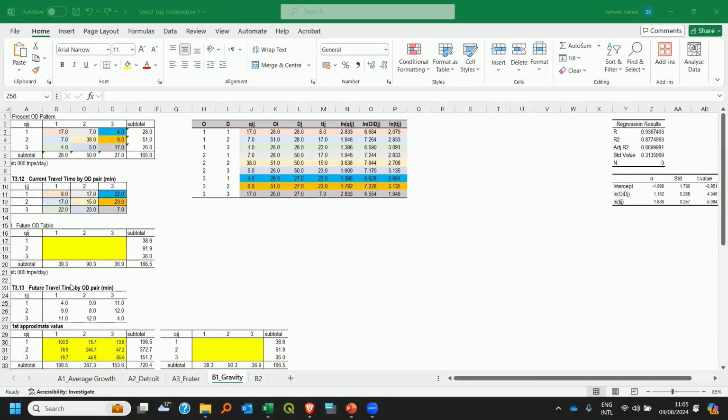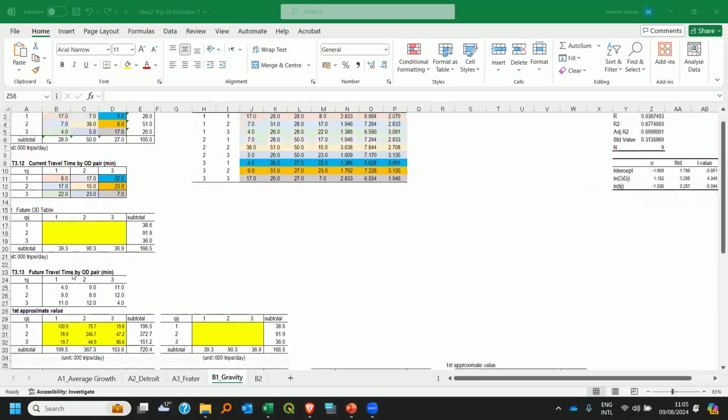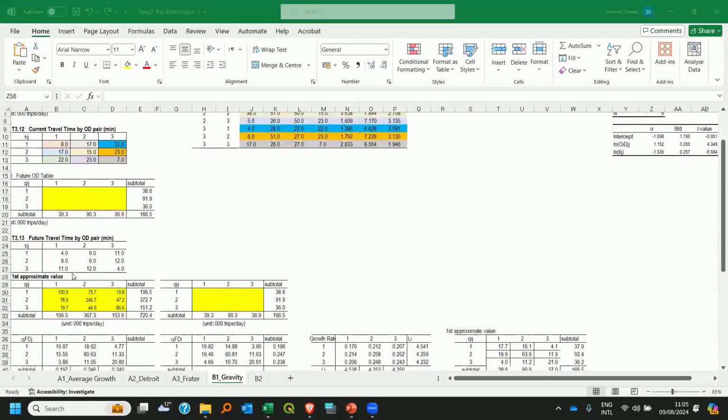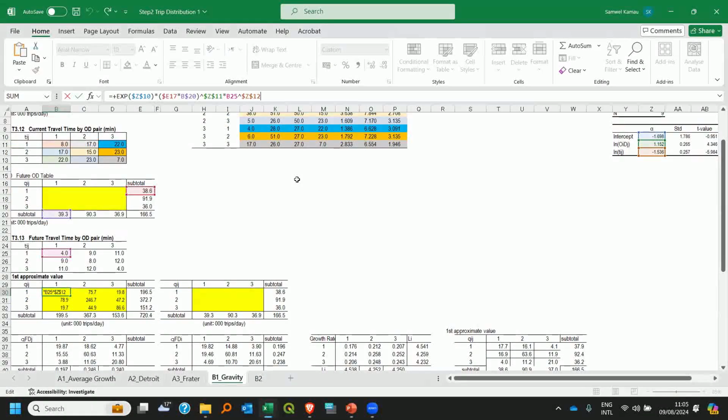Then from the existing current travel time by OD pair, based on some future transport investments, the travel times between A to B or A to C are sometimes improved. From this result, the travel times, this formula is applied, and the trips between A to B, A to C are calculated by the formula.